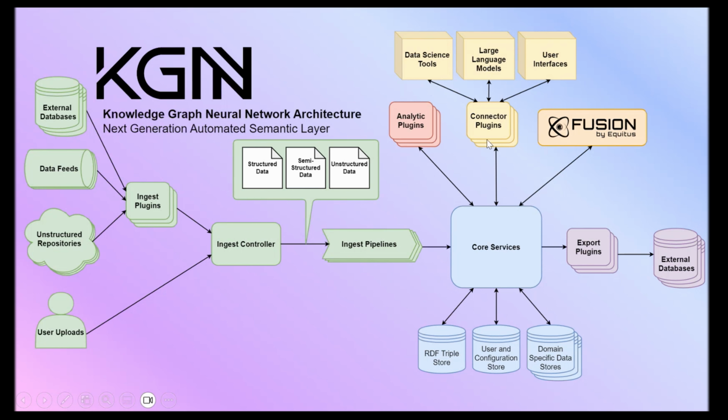We can also integrate through what we call a connector plugin. So a connector plugin is a two-way adapter that allows read and write access to the databases within KGNN. And it can be used to integrate things like data science tools. So if we wanted to have a Jupyter Notebook integration for data scientists, user interfaces.